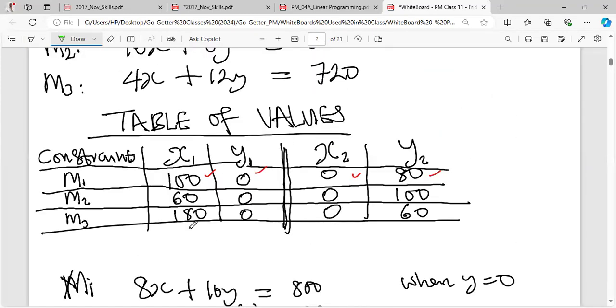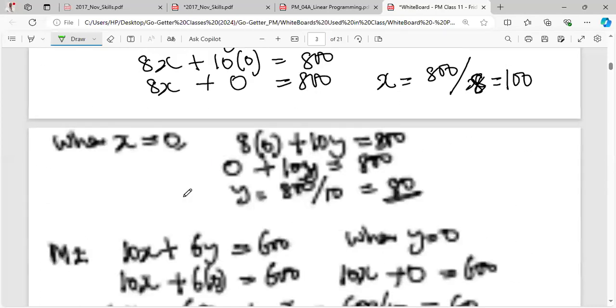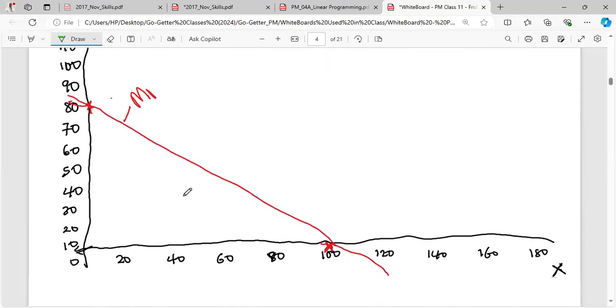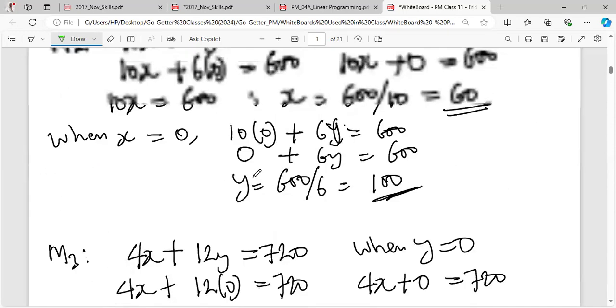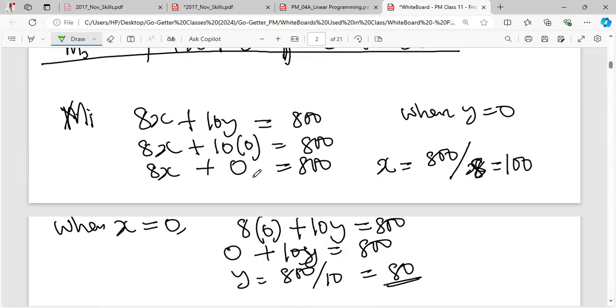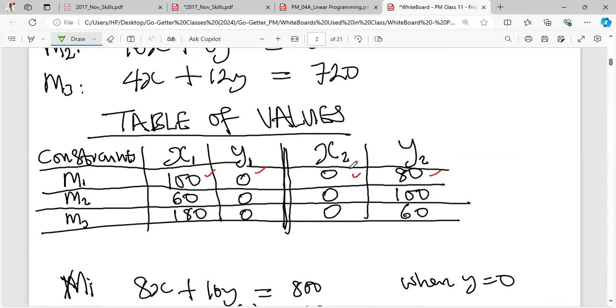When x is 60, y is 0. Then the next one, when x is 0, y is 100.